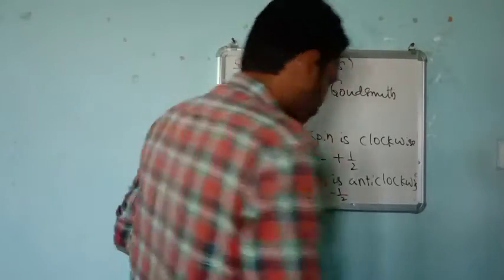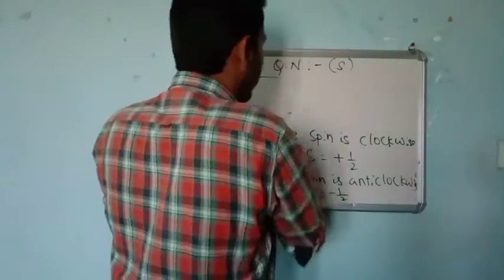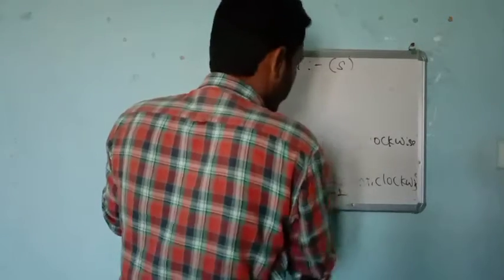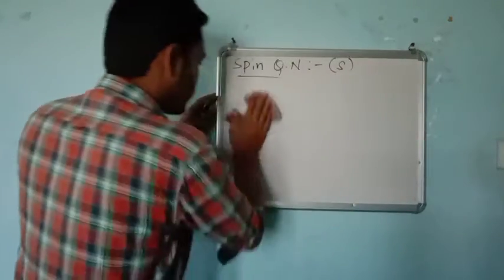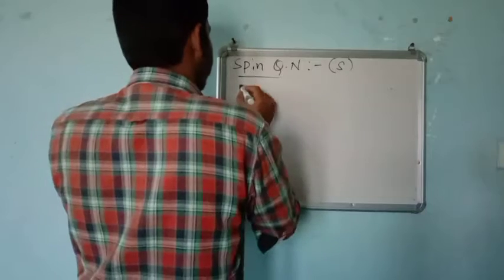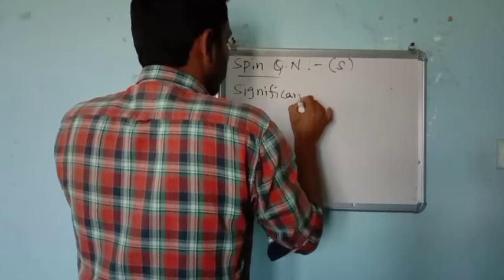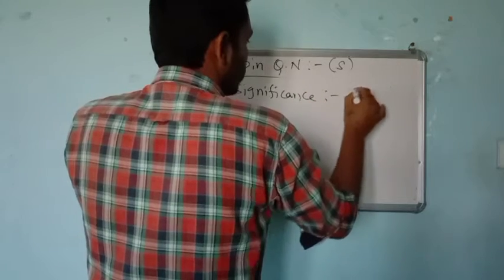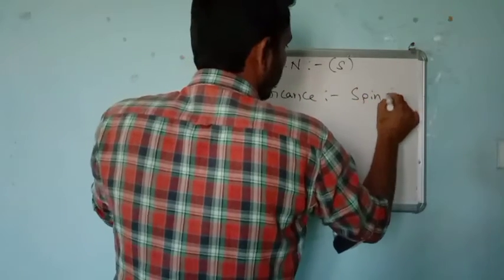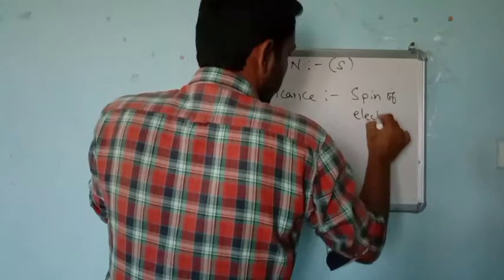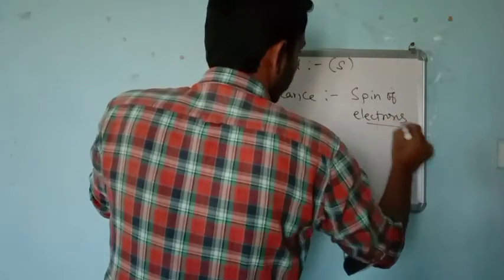And its significance is that it explains the spin of the electron. It signifies the spin of electrons, right?